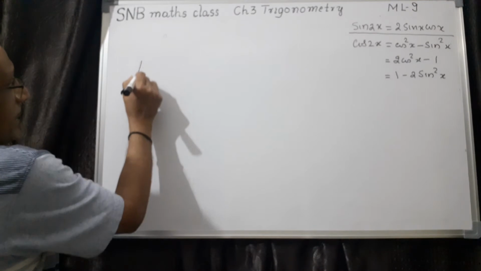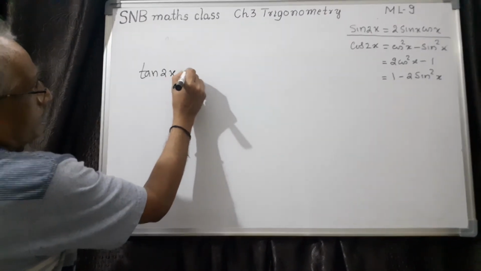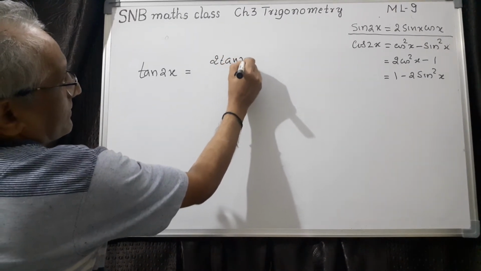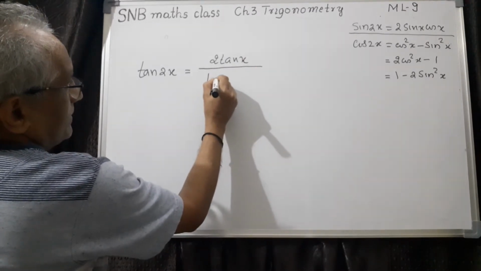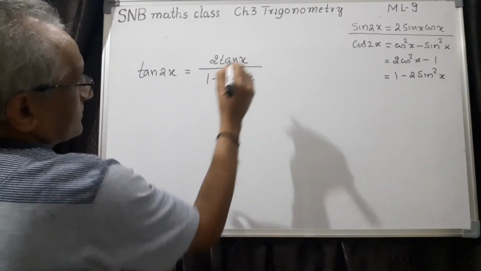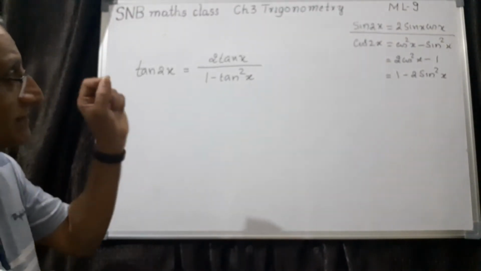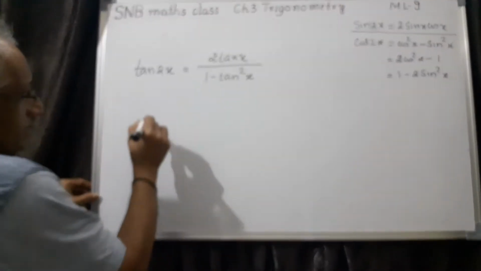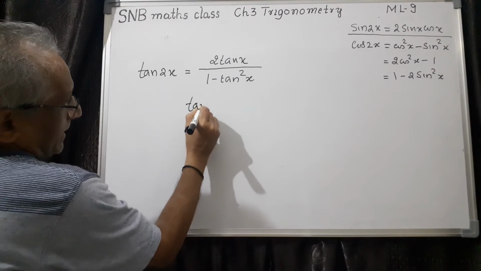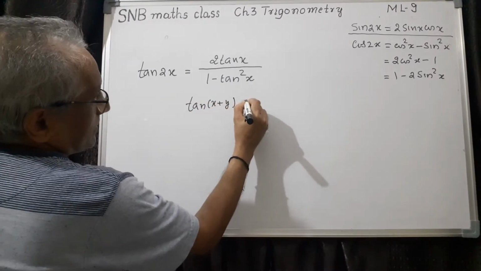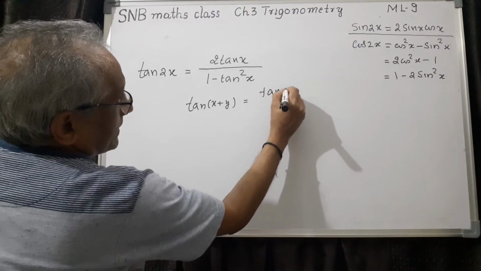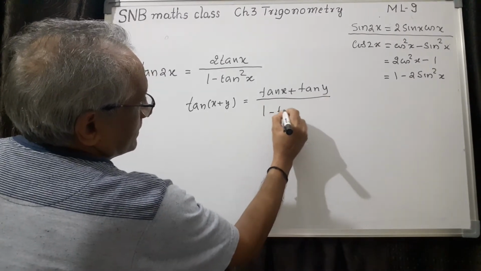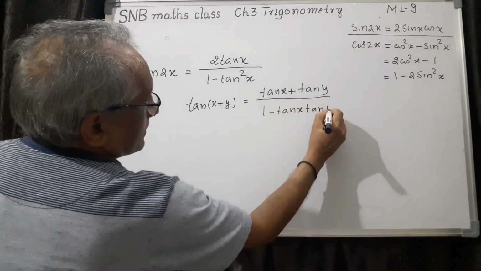Now the last one, tan 2x equal to 2 tan x divided by 1 minus tan square x. This is also very simple. So this is the formula, and once you understand the concept, even without remembering, you can reconstruct it. So what you have to do here is, we have tan of x plus y equal to tan x plus tan y divided by 1 minus tan x tan y.